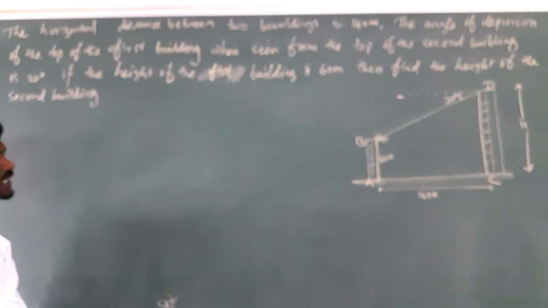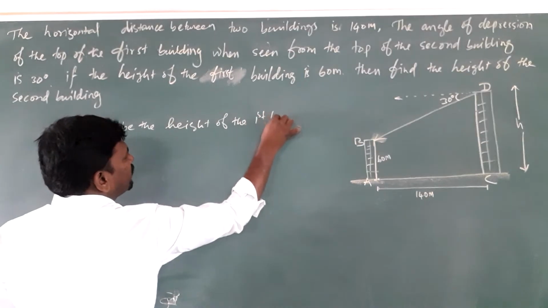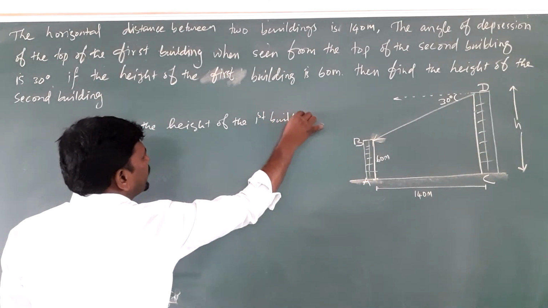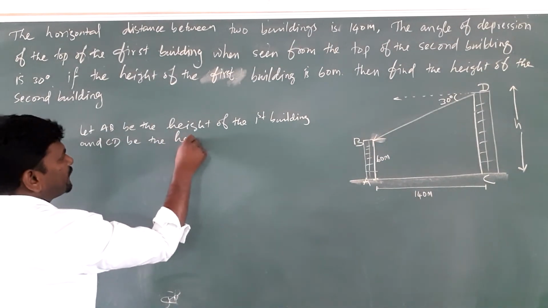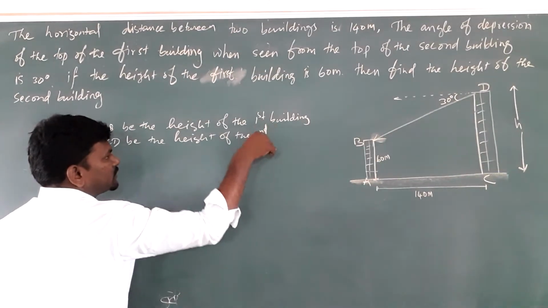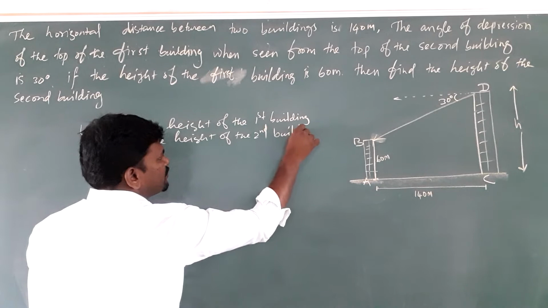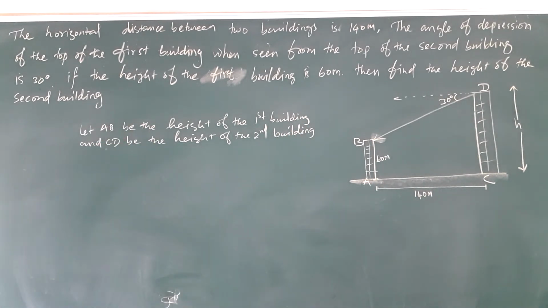Okay, let us write. Let AB be the height of the first building and CD be the height of the second building. So we have to find the length of CD in this diagram.